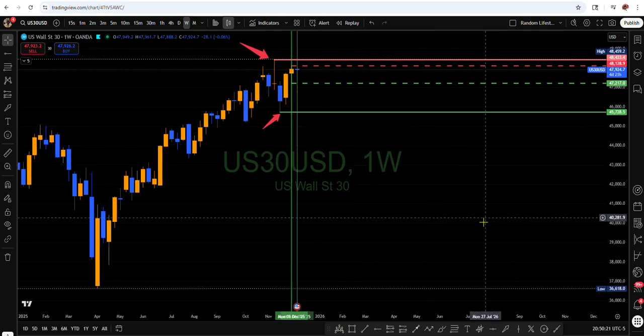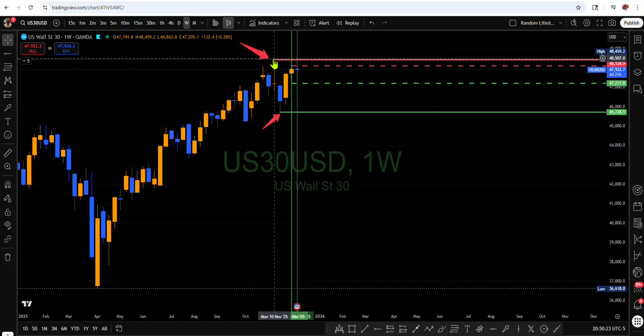So we have four zones right here that we're looking at. So we're looking at this rejection area right here where market came, touched this. This touches on November 10th and makes its way back down to this area on November 17th. So it took a whole week for it to get back down here.